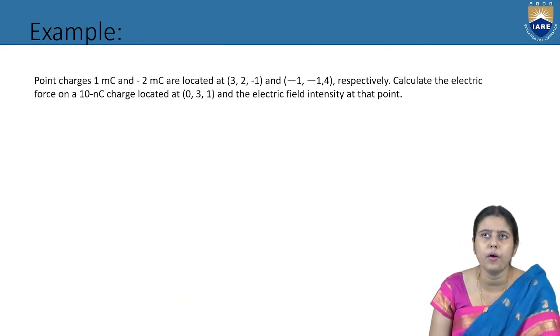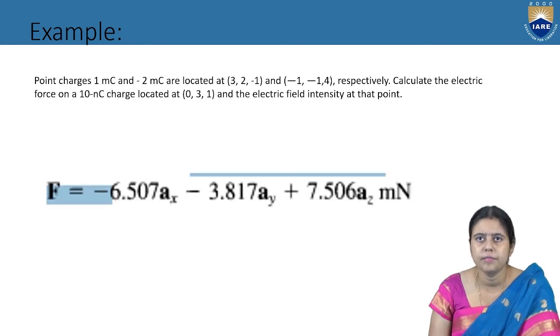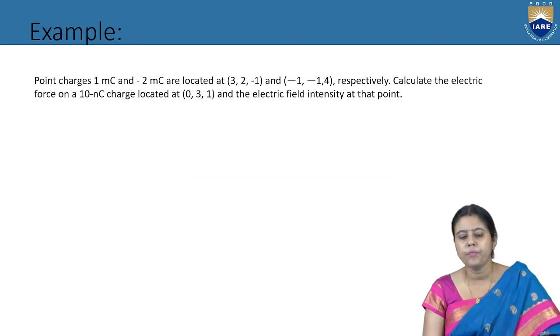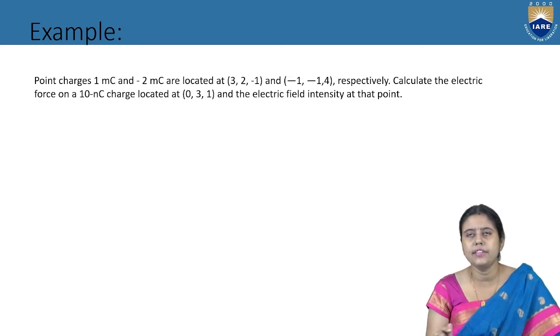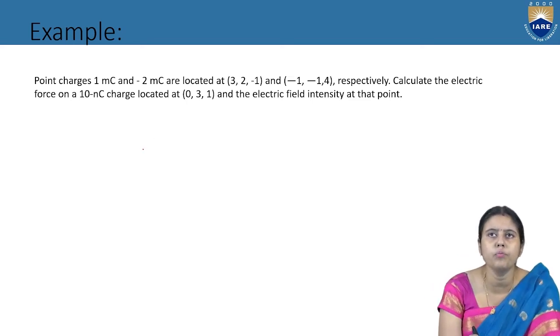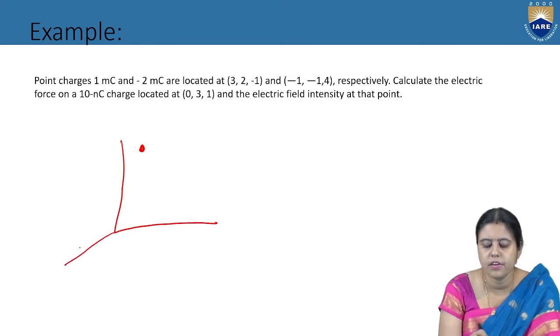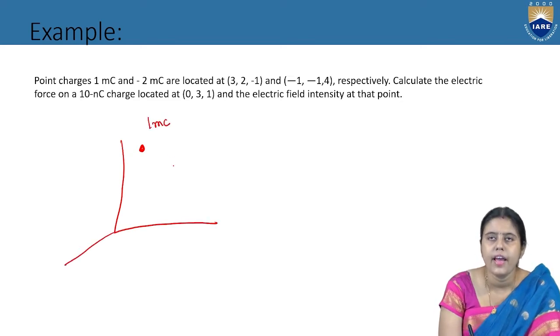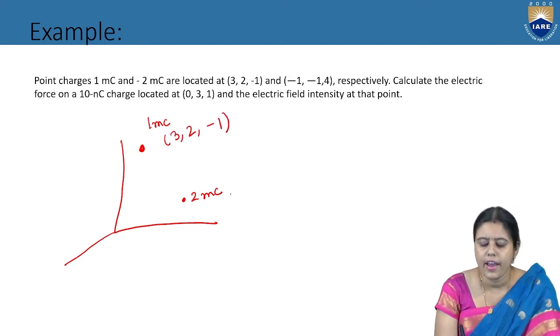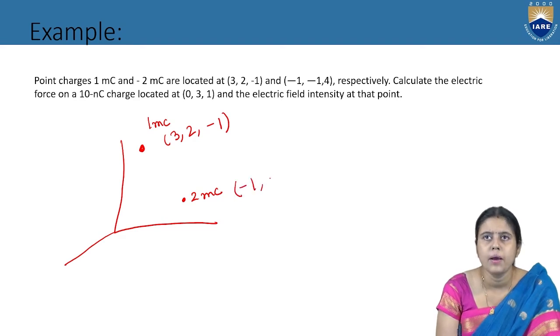So this is a simple problem I will discuss. What is it telling? Point charges of 1 millicoulomb and 2 millicoulomb are located at the points: the 1 millicoulomb charge at 3, 2, minus 1, and the other charge, minus 2 millicoulomb, at minus 1, 1, 4.